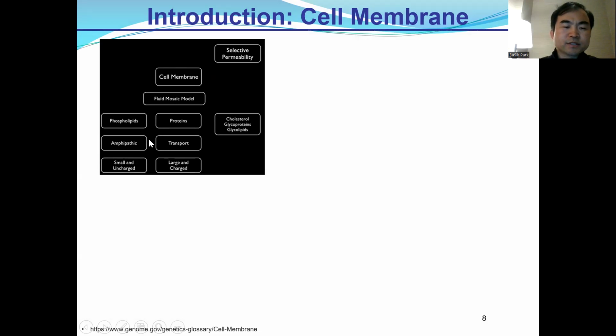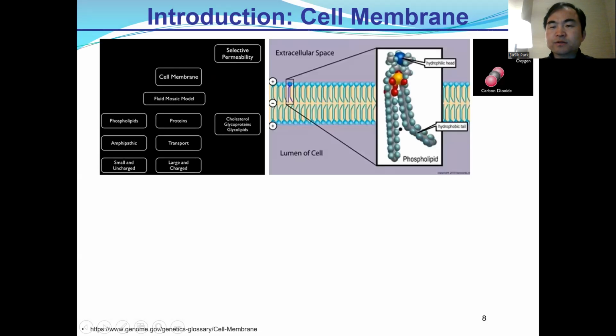Small and uncharged molecules like oxygen or carbon dioxide can easily move through the cell membrane.